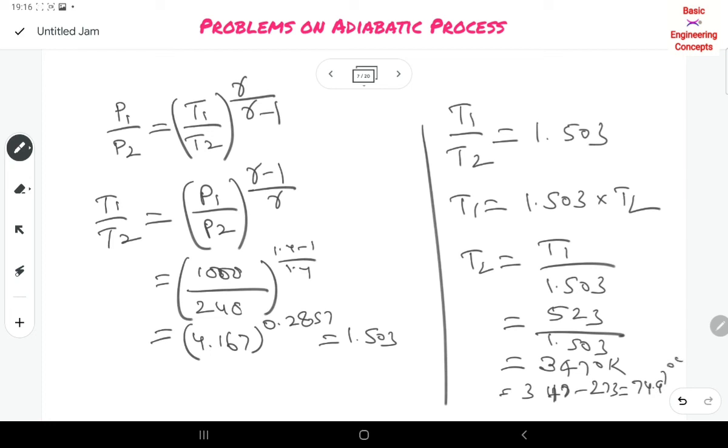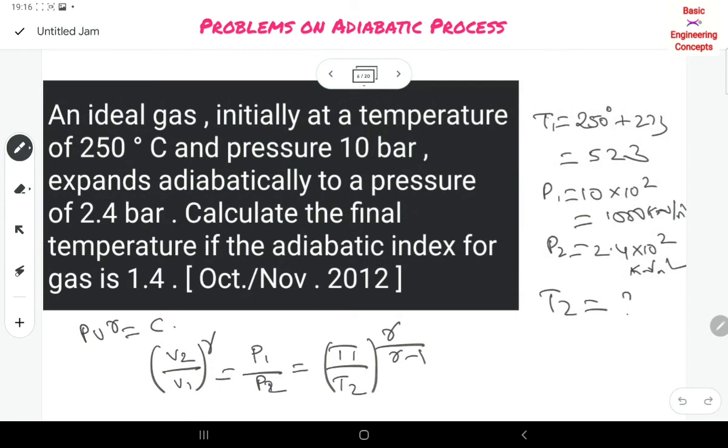So these are the problems regarding the adiabatic process. To solve any problem in this topic, you should remember these important relations. Try to remember this equation in this pattern: P1 by P2 is equal to (T1 by T2) to the power of gamma by gamma minus 1, which is equal to (V2 by V1) to the power of gamma.